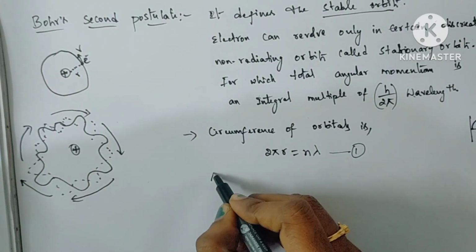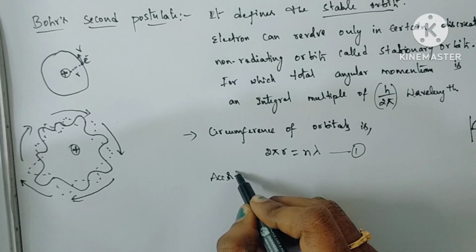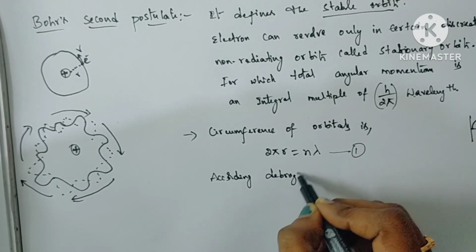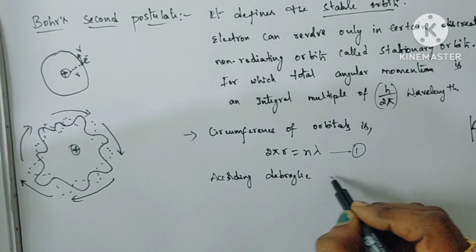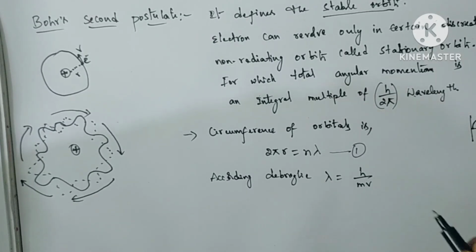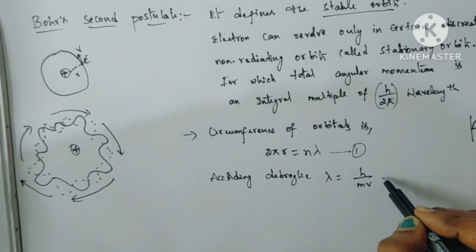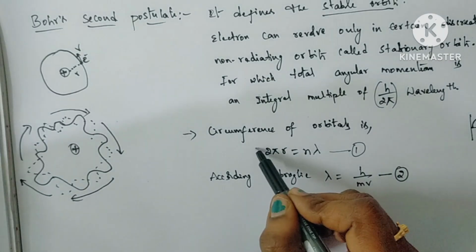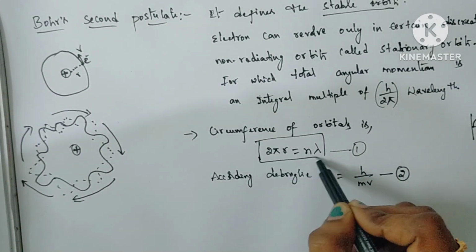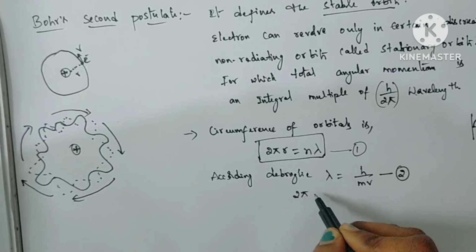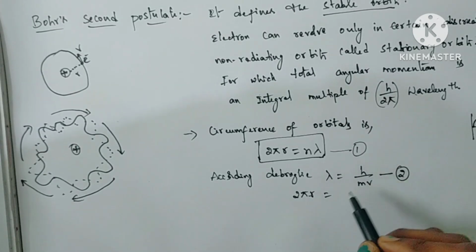According to de Broglie, the wavelength lambda is equal to h by mv. Is it clear? Let's take it as equation number 2. Let's substitute equation number 2 into equation number 1. Then we will get 2 pi r is equal to n lambda.